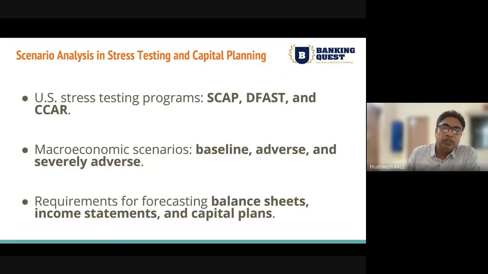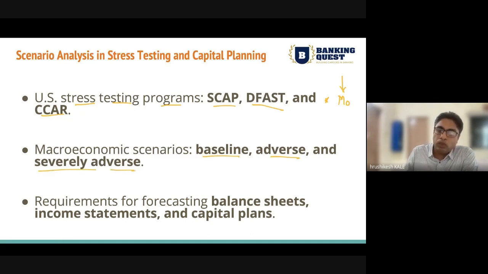Okay, now these are the US stress testing programs. These are the programs basically created by the US government for testing whether a model, a product, or a bank can survive any drawdown of 5%, 10%, and so on and so forth. So macroeconomic scenarios like baseline, adverse, and severely adverse.